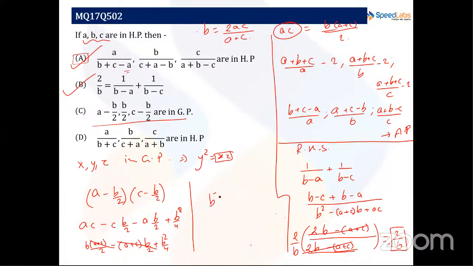So that is B square by 4, that is (B by 2) whole square. Yeah, so these three terms are in GP.